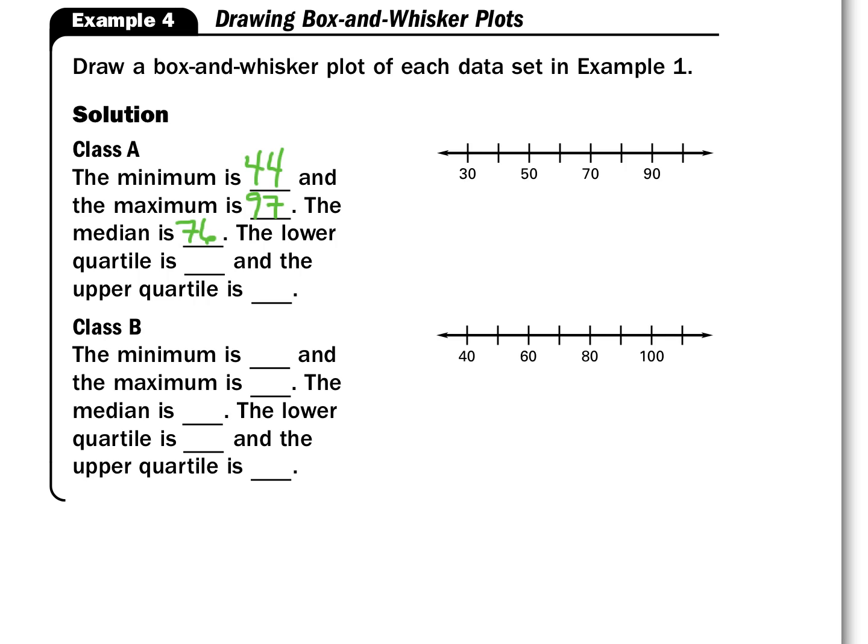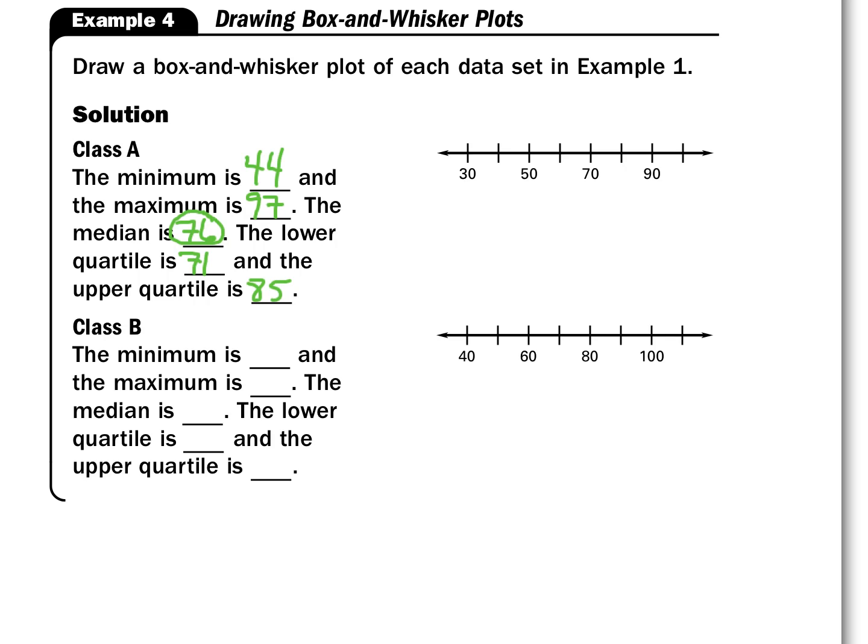So we take out 76 because that's our median, and we have the bottom 13 numbers which ranged from 44 to 76, and their median was 71. That was the middle of those 13 numbers. And the middle of the higher 13 numbers, those that ranged from 78 to 97, was 85.